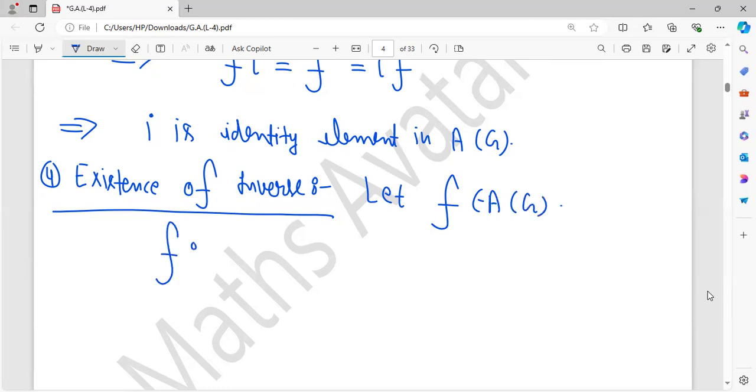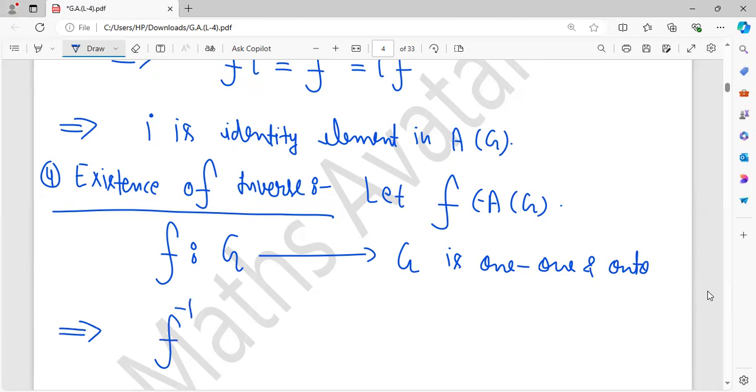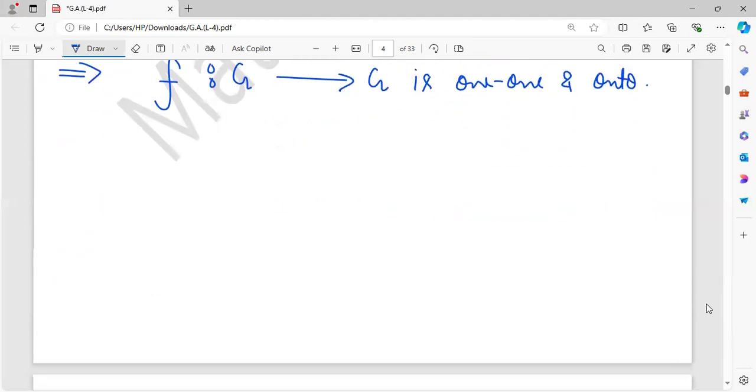So f from G to G is 1-1 and onto, so the inverse map will exist. When you have a function that is 1-1 and onto, then the inverse exists. f inverse from G to G is also 1-1 and onto. But till now we have not shown that this is a homomorphism. Now we will show it.